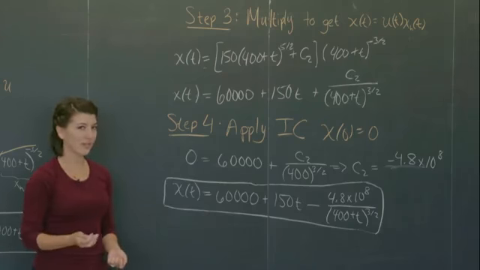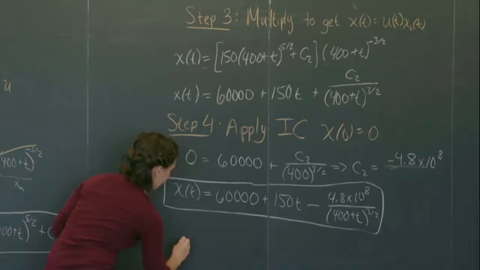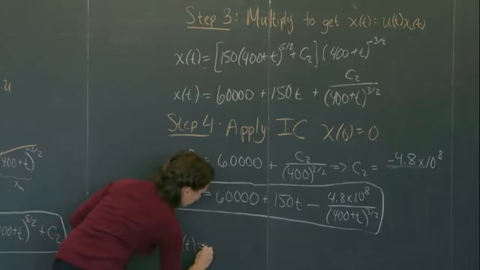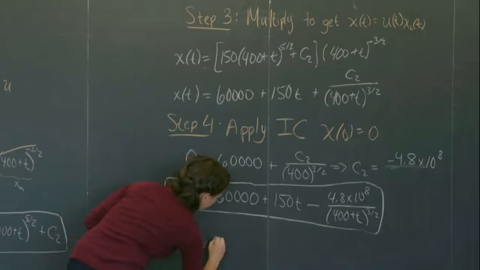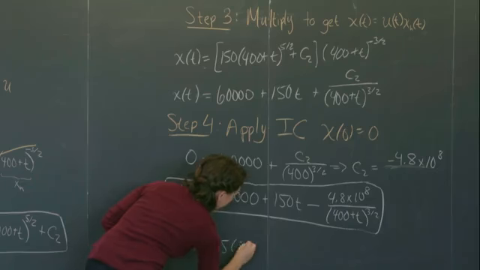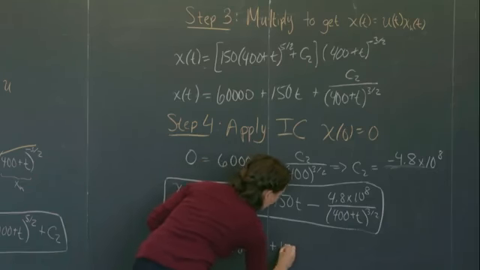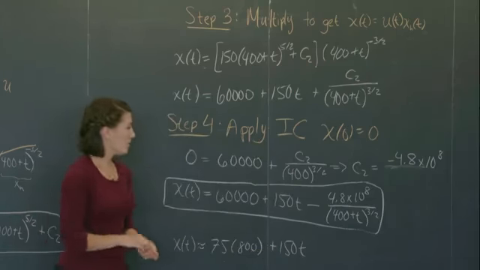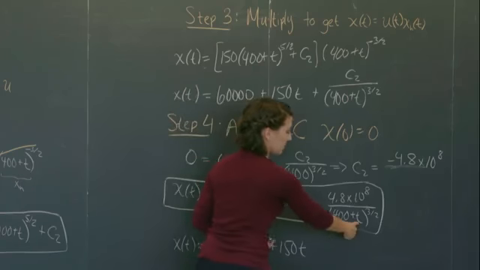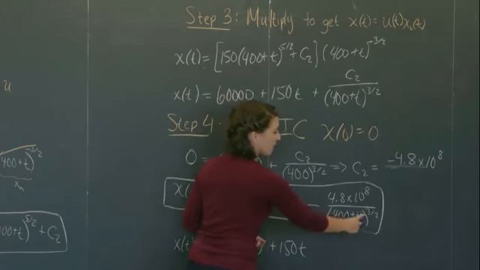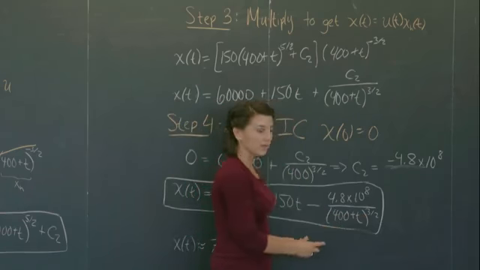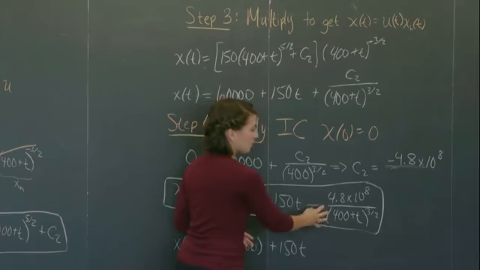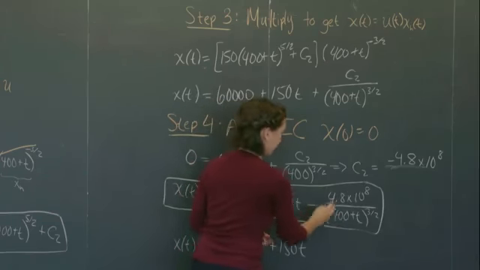So we said before, we made a long time prediction that after a long time, x of t would be approximately equal to 75 times 800 plus 150t. Well, after a very long time, t is going to be very large, and it's being raised to a power that is greater than 1. So this denominator is going to be huge as t gets huge. So this term is going to go to 0.